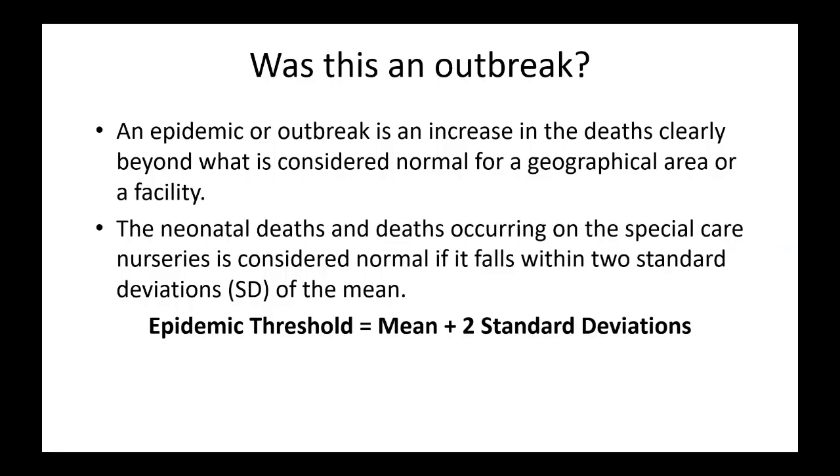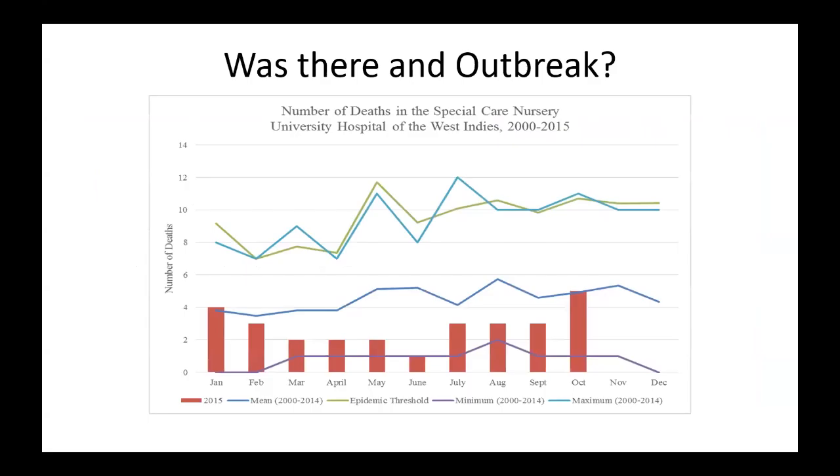And usually, epidemic threshold is mean plus 2 standard deviation. So when we looked into the data, we would have done the mean. So this is the mean.